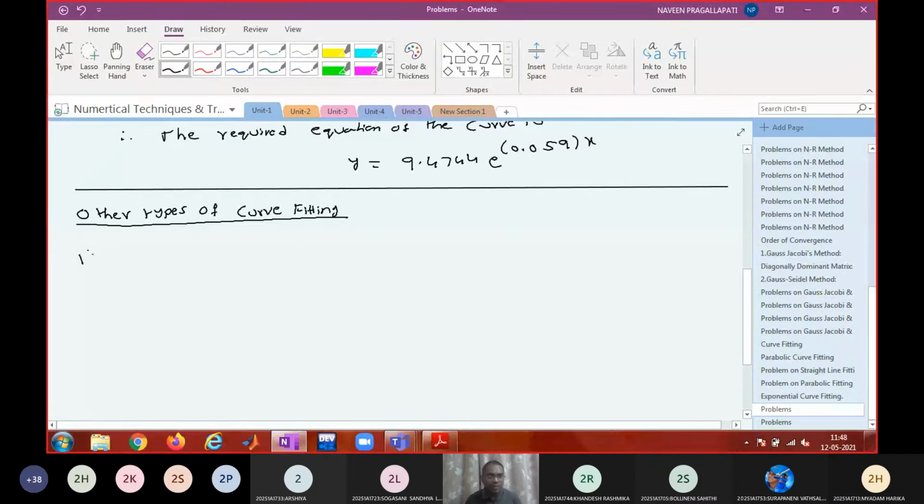Now, suppose the curve is like this, y equal to a b power x. How do you write down the normal equations? Can you tell me? You'll be taking logarithm on both sides, right? Can you tell me the direct step?